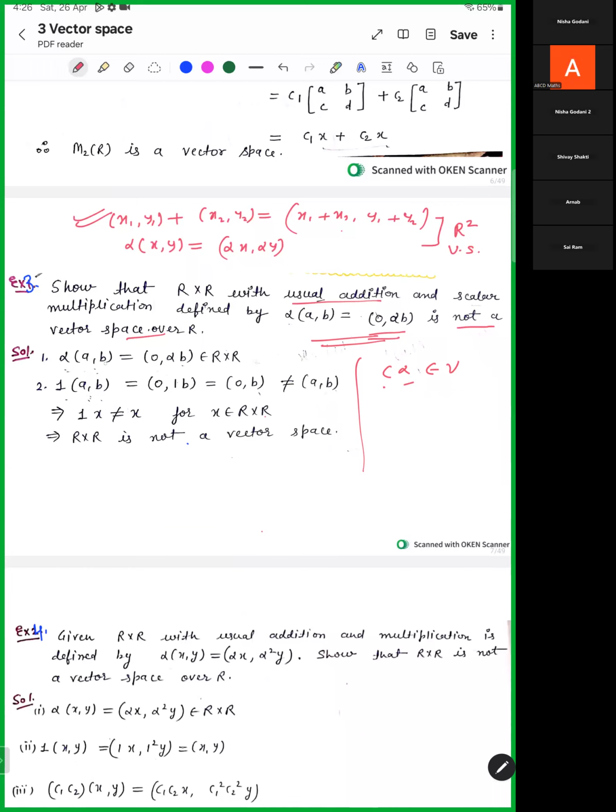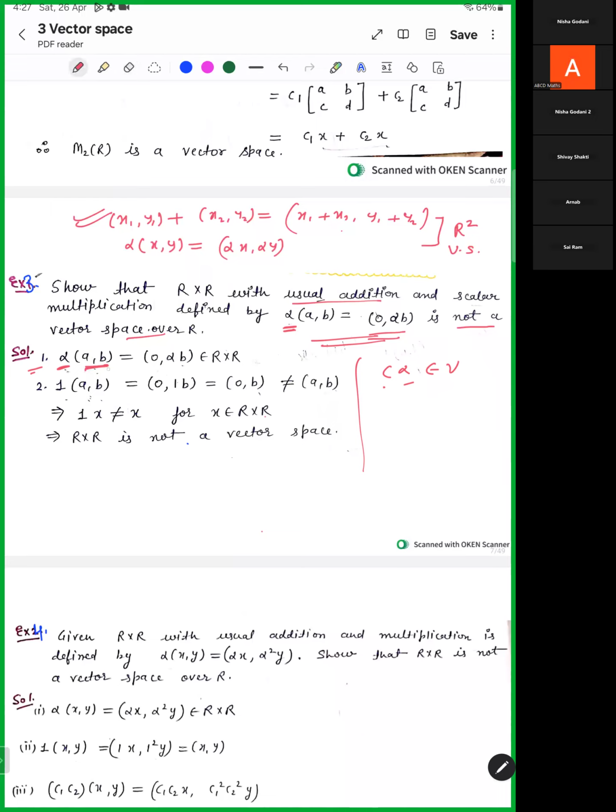In this question, the scalar is taken as alpha and the vector is taken as a comma b, so don't be confused with the symbols.